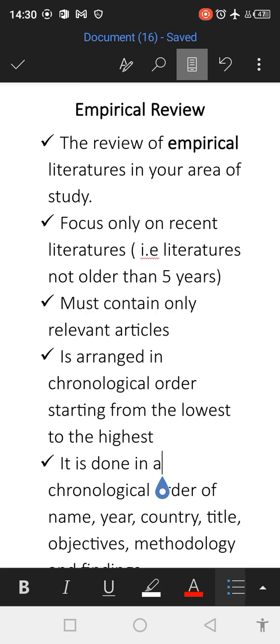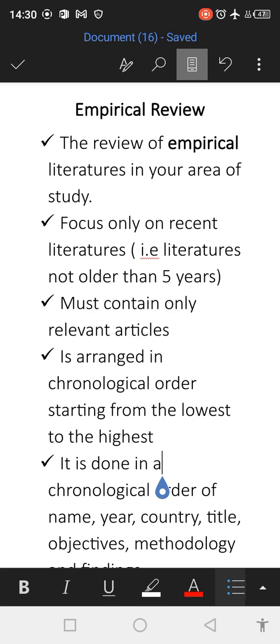So those kinds of articles or those kinds of things that have been written in the area of your study are not empirical. And that is the reason why I said in your empirical review, you only focus on articles that are empirical. And what do I mean by empirical?